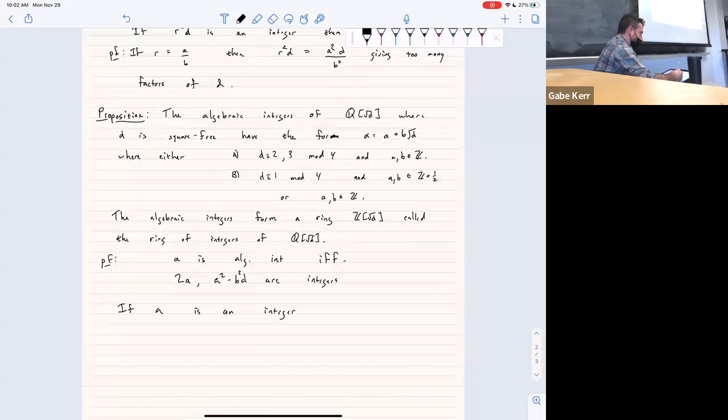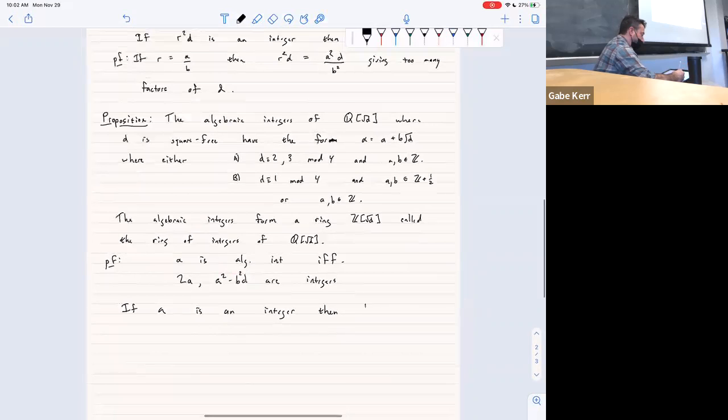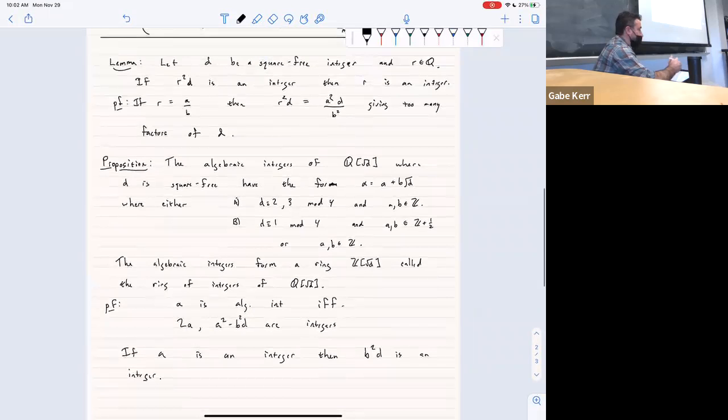If a is an integer, then because this whole thing is an integer, we can subtract a squared, and we get that b squared d is an integer. If that's the case, then by the lemma we just said, that means that b is an integer.